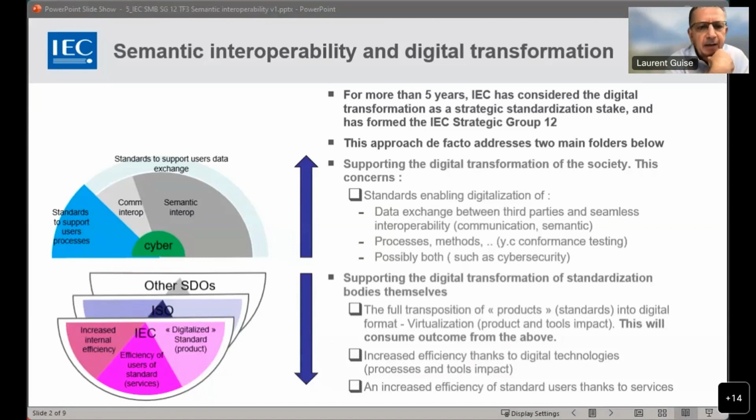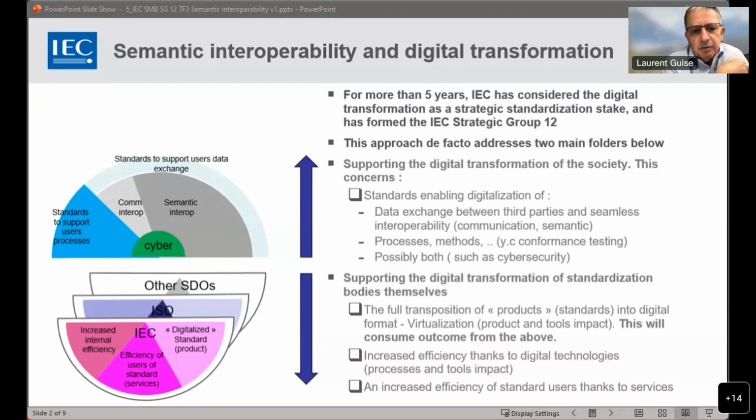So the question of supporting the digital transformation of society stakeholders, which means data exchange, communication exchange, digitalizing processes, but also cybersecurity attached to all of this. And now regarding the digital transformation of the bodies themselves, so of IEC, but working very closely also with ISO and other SDOs.